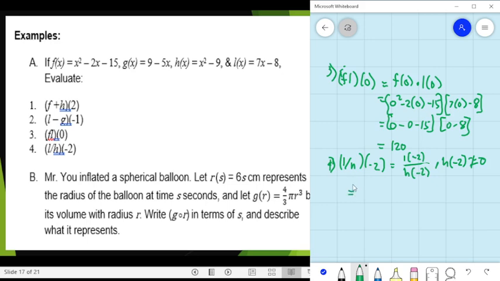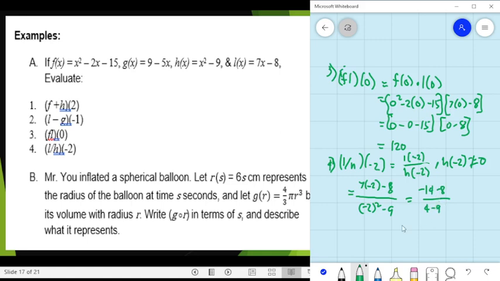Okay, so L of negative 2 is 7 times negative 2 minus 8 over H of negative 2 is negative 2 squared minus 9. So simplifying 7 times negative 2, that would be equal to negative 14 minus 8, all over 4 minus 9.